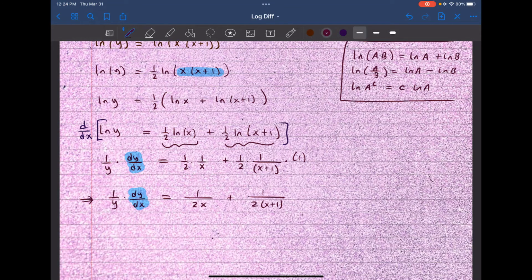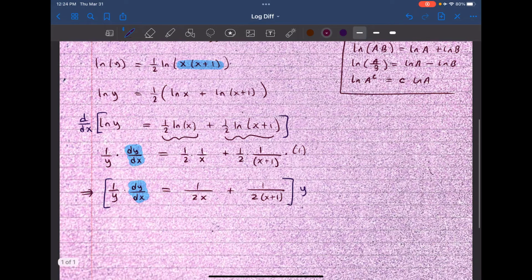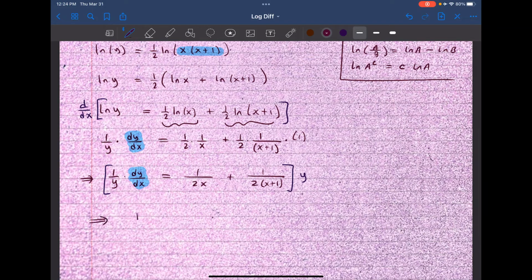I simply multiply both sides by y to get rid of the y from the left-hand side. And that gives you your derivative, dy/dx equals all of this, 1 over 2x plus 1 over 2 times x plus 1, all times y.